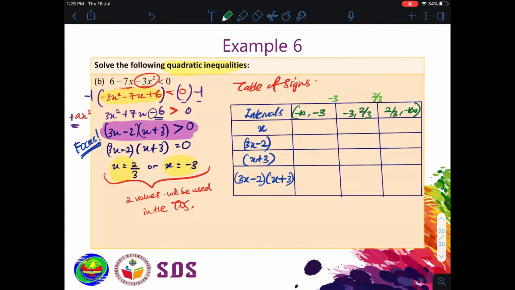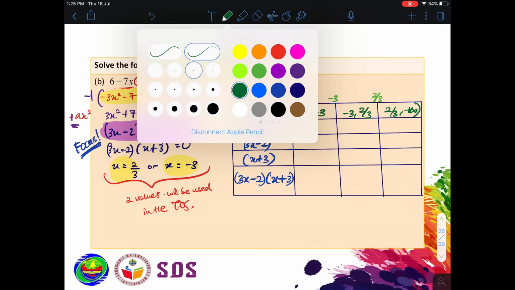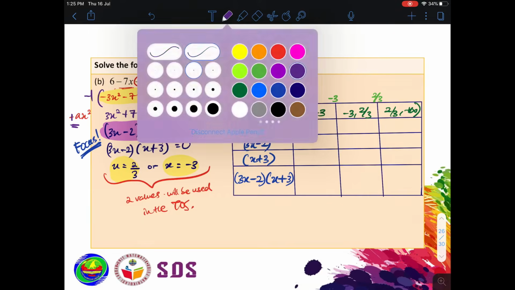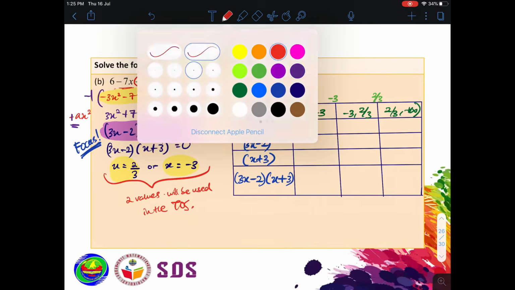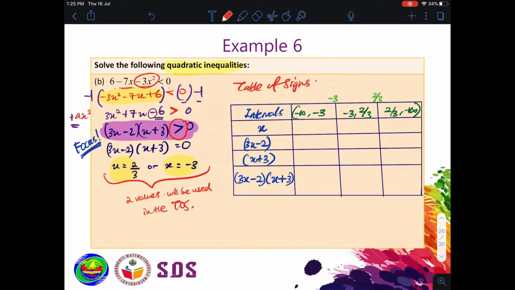And now we want to check the symbol of inequality from the equation, where we have a more than sign. So a more than sign, without an equal sign, will become an open bracket for all of the intervals. Because we don't have an equal sign, it's just a normal bracket. An open bracket, is what I meant.